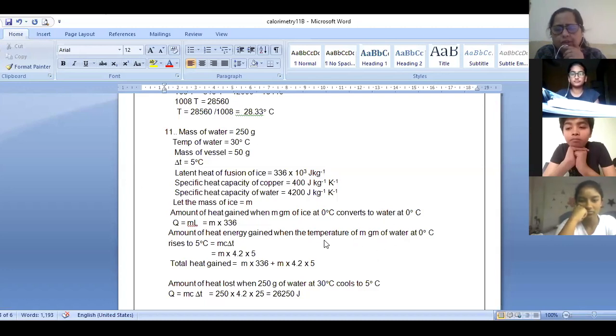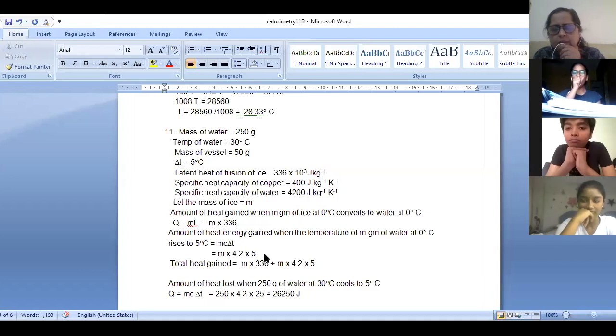So the amount of heat energy gained when the temperature of m gram of water rises from 0 degrees to 5 degrees Celsius. Now it is only water from 0 degrees to 5 degrees, so you have to use mc delta T. So I use mc delta T, right? m is the mass, I do not know. c, specific heat capacity of water, 4.2. And delta T is 5, because from 0 it has to rise only to 5 degrees Celsius.